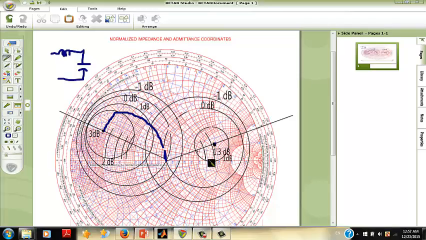For the matching network for the load, we are going to follow the constant conductance circles to the intersection with the resistance circles. On the conductance circles, we follow counterclockwise, and we add a parallel inductance.